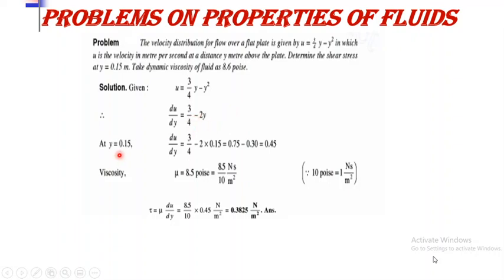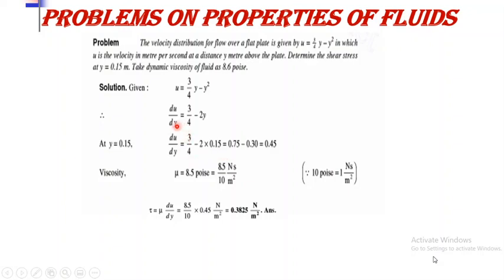And we have to calculate the shear stress at a distance of 0.15, means the value of y is given, that is 0.15. So put the value of y in the above equation, that is du by dy is equal to 3 by 4 minus 2 into 0.15.